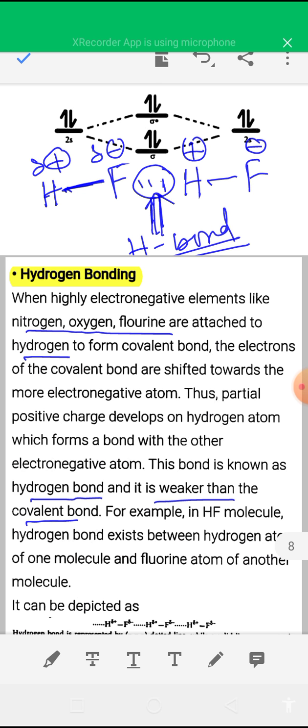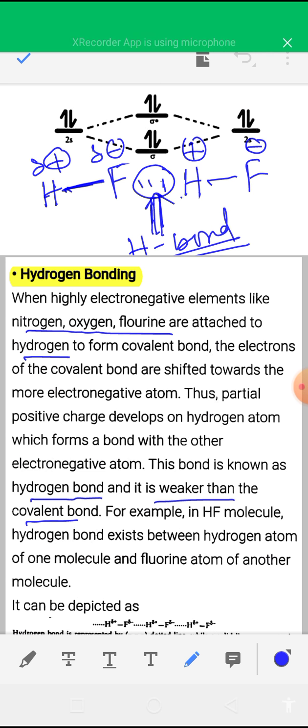You can see this hydrogen atom forms a hydrogen bond with the electronegative fluorine of another molecule, and this is a hydrogen bond, a weak force of attraction. This bond is known as a hydrogen bond, and it is weaker than a covalent bond.